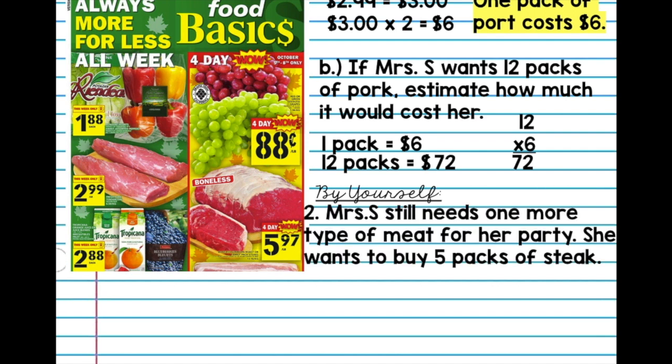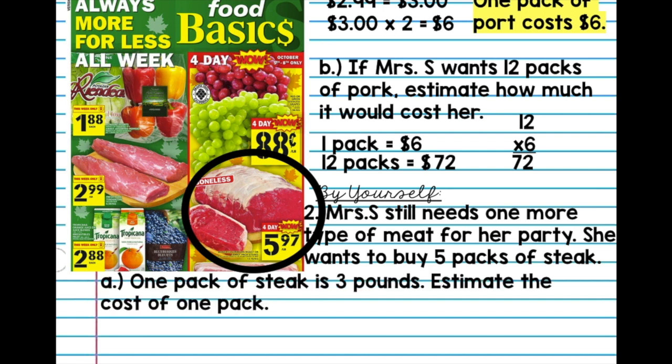Number 2. Miss S still needs one more type of meat for her party. She wants to buy 5 packs of steak. So let's look at the steak. This is our steak. So again, per pound is $5.97. One pack of steak is 3 pounds. It's a big steak. Estimate the cost of one pack.